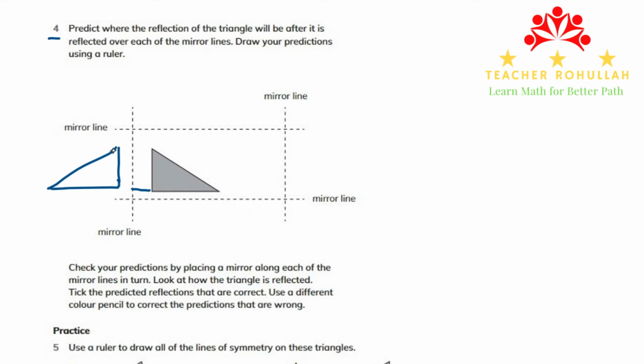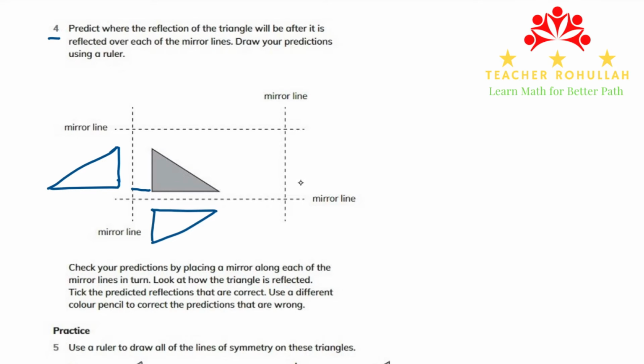We have to consider the size of the triangle because it can be exactly the same size, but on the other side, which is a mirror image. We can reflect here. Again, we have to consider the distance from the mirror. Okay, because this is a prediction, it cannot be exactly the same as the actual one.